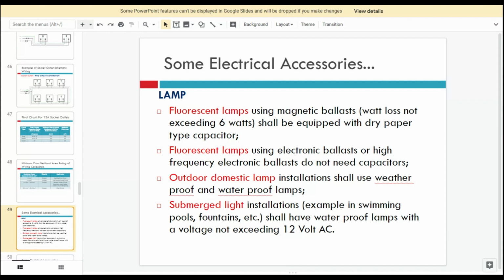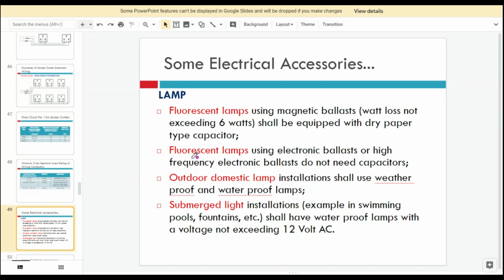They shall be equipped with a dry paper type of capacitor. As we know, these fluorescent lamps are an inductive load which can result in poor power factor and also voltage drop. So this capacitor is used to correct the power factor.